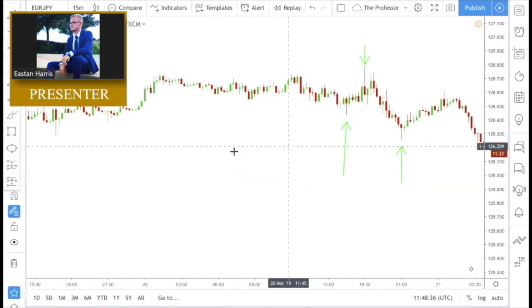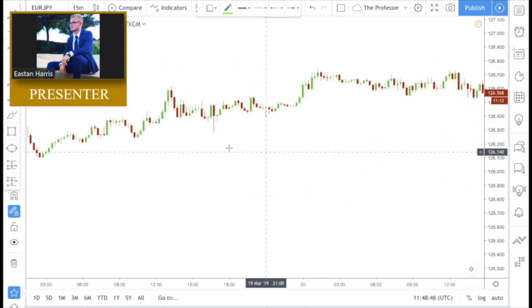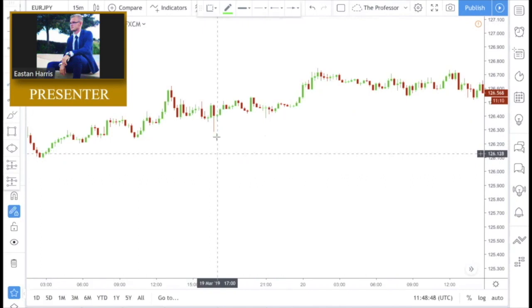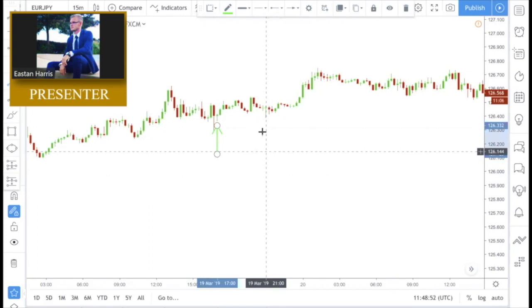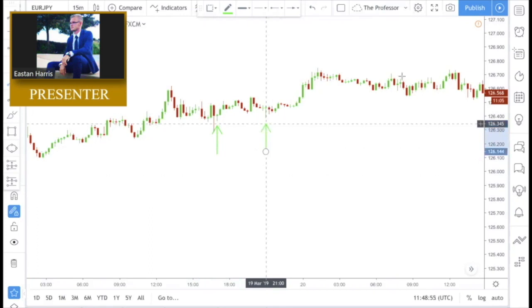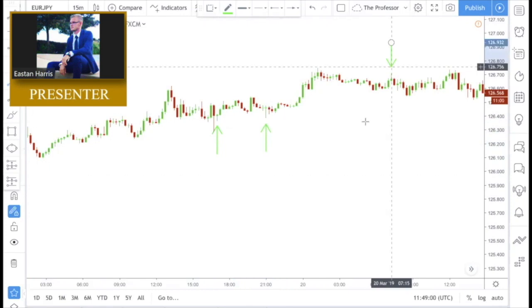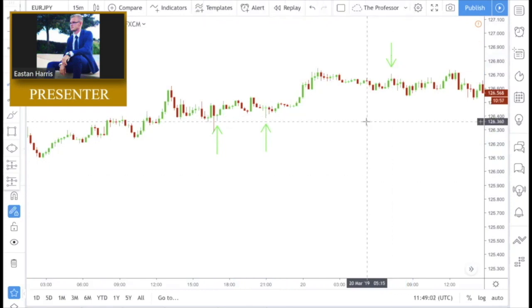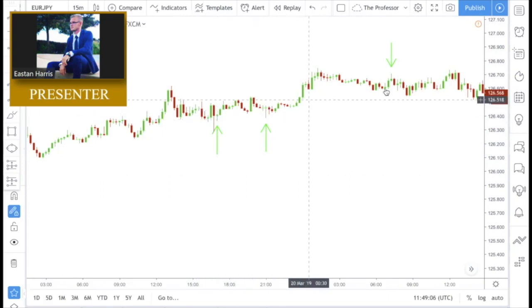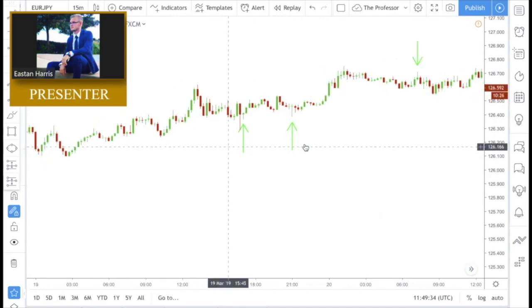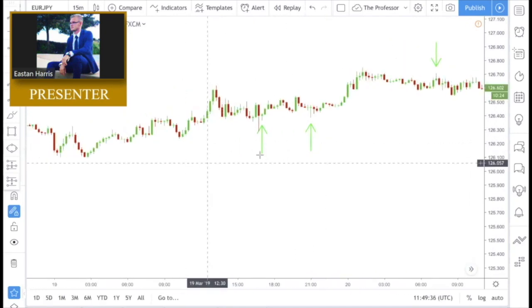There are examples of this stuff everywhere. We have a green exhaustion candle to the upside. We have another one here, and we even have one right here. You can see price printed these and continued to the upside. Price printed this one and then fell afterwards. It's very easy stuff. You guys will catch on pretty quick.